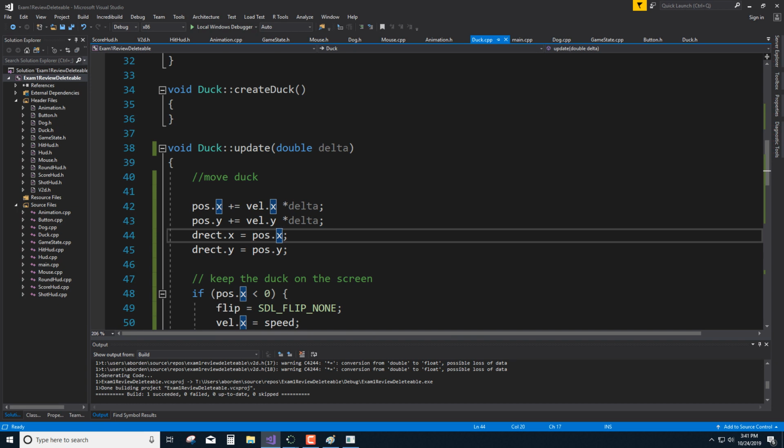We can fix the little issue with the duck getting off the screen by centering our rectangle over the position rather than having it based on the top left corner. So the position of our rectangle is going to be his position plus the half width of the rectangle.